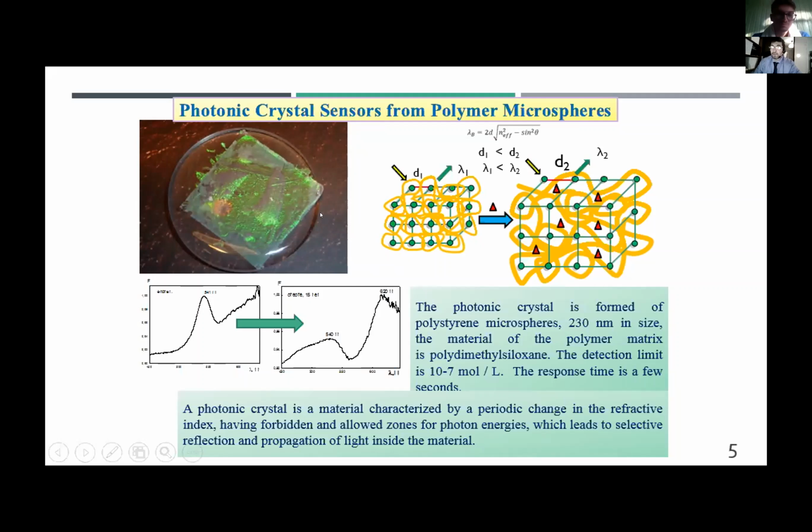We see that the photonic crystal is a diffraction grating with a periodically changing refractive index. And now we see the change in the distance between neighboring microspheres, and we see the spectral shift here.